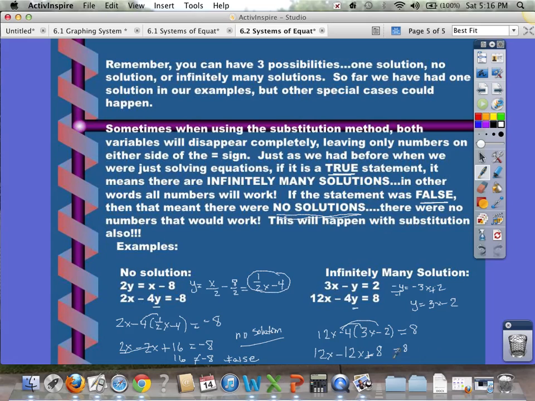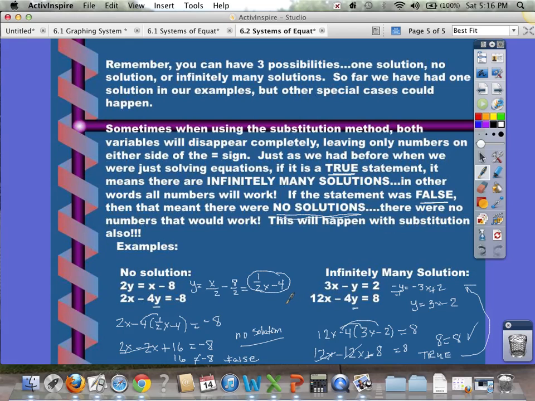Of course, the 12x and the negative 12x cancel, and then you end up with a statement that says 8 equals 8. Does 8 equal 8? Yes, this is a true statement, which means you have infinitely many solutions. So a true statement will mean infinitely many. A false statement will be no solution.